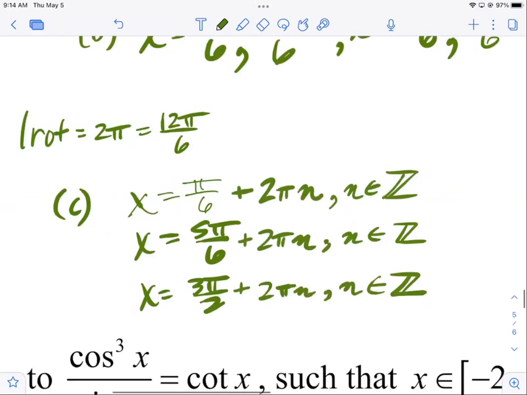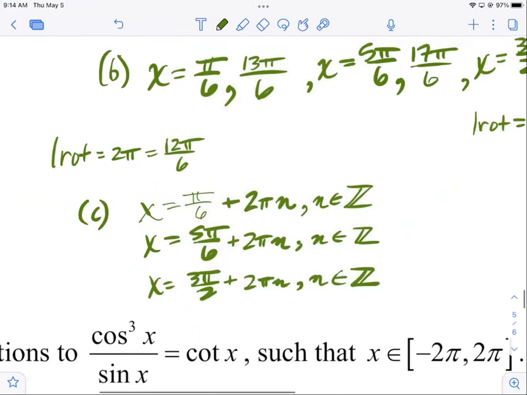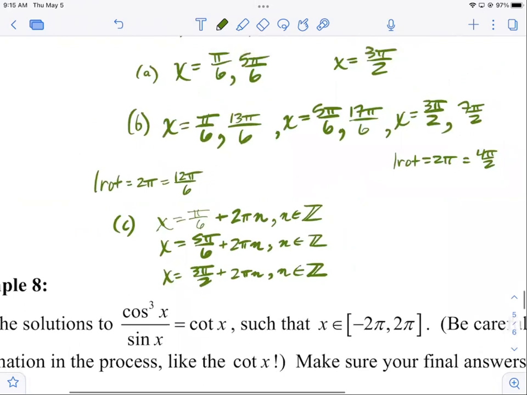Okay. So there's all of them. And of course, to answer part A, you would let n equal 0, right? To answer part B, you would let n equal 0 and 1. And if you wanted between 0 and 6 pi, you would let n equal 0, 1, and 2, and so on and so forth.